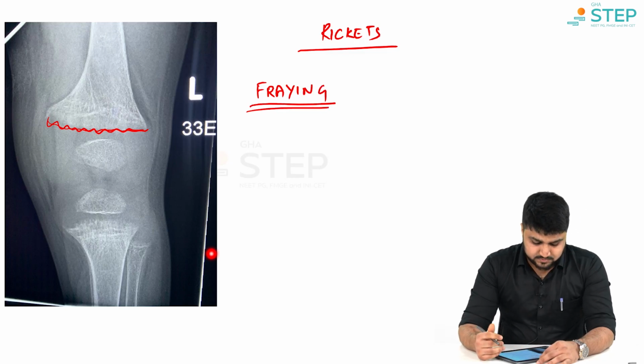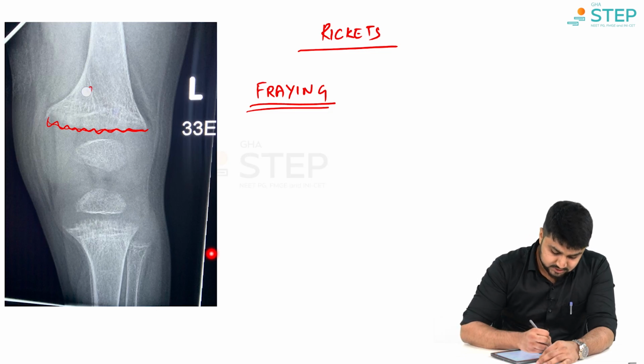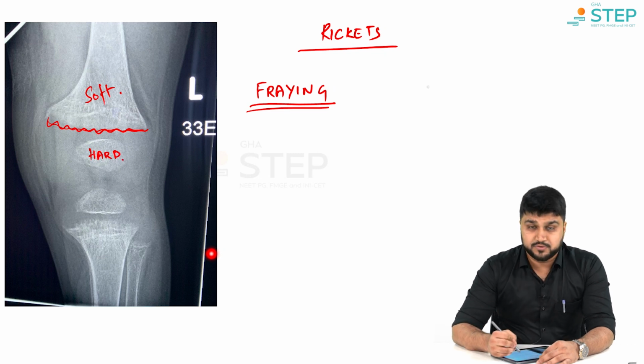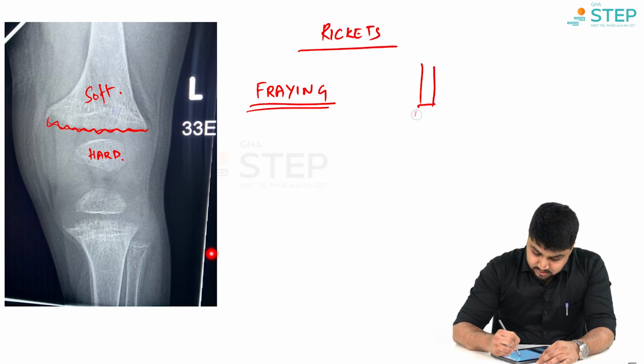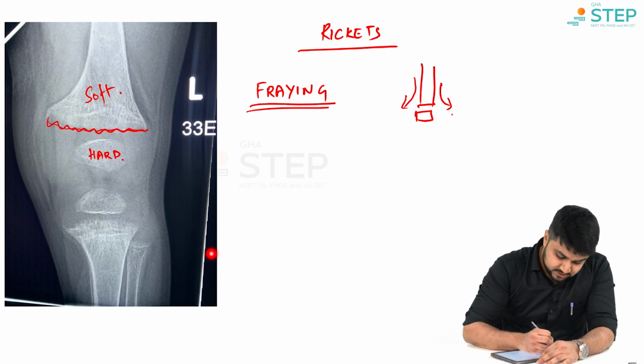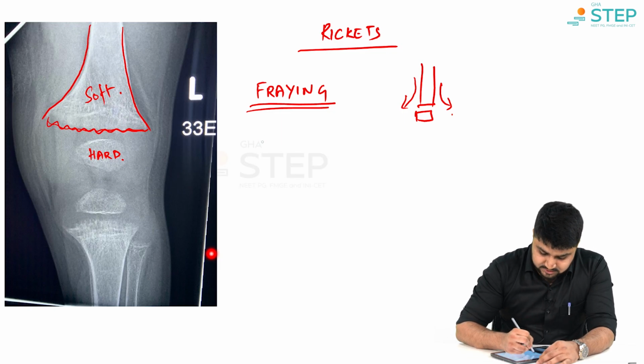Since calcification does not occur properly in this area, this bone is soft while the epiphysis is normally growing and hence hard. Anytime you push a soft structure against a hard structure, the soft structure will tend to undergo something called splaying. The region widens and this is known as splaying.